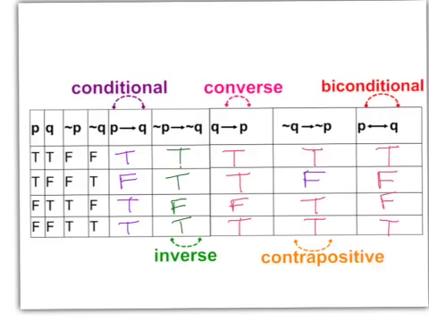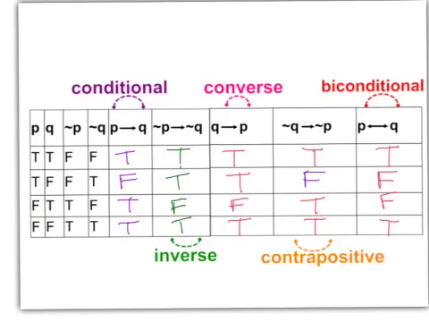So finally, these last two rows, for the conditional, when something false implies something true, we get a true. Something true implies something that's false, we get a false. For the converse, Q implies P, so true implies false is false. For the contrapositive, false implies true is true.